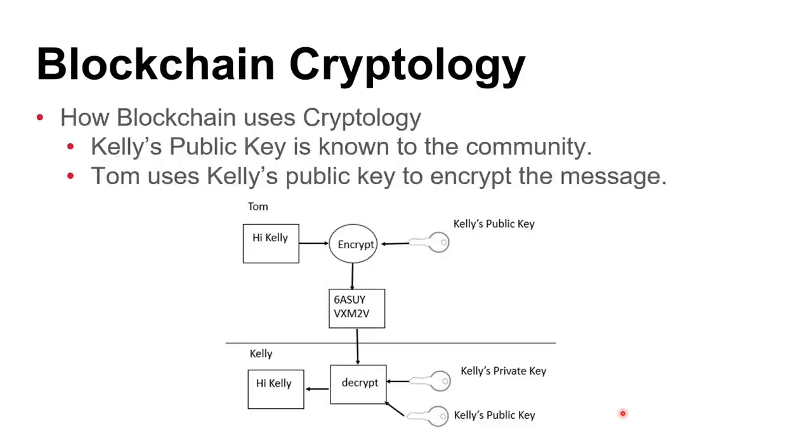With cryptology for a blockchain, it's a little more complex. We see here Kelly's public key is known to the community, and Tom uses Kelly's public key to encrypt the message. Tom writes a message, "hi Kelly," and encrypts it using Kelly's public key, which we all know, and here is the result.